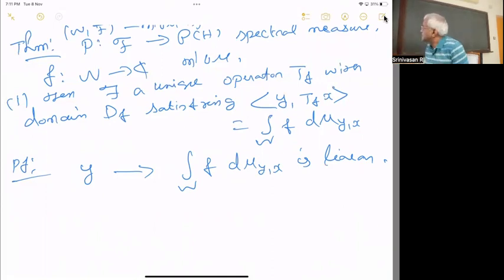Should it be the other way, T_f x comma y, inner product of T_f x? Then we will get a z, right? Only this is conjugate linear. If it is conjugate linear, the same Riesz lemma will work anyway.